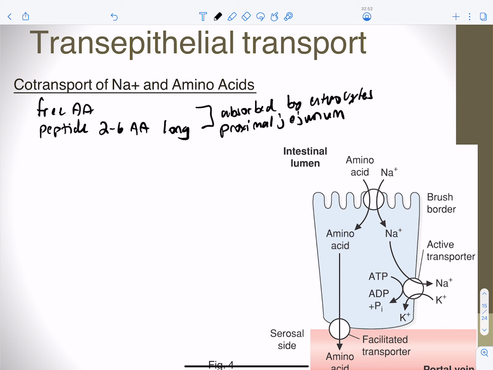Some other absorption occurs in the duodenum and ileum as well, and then the undigested protein is going to be picked up by your colon mucosal cells.